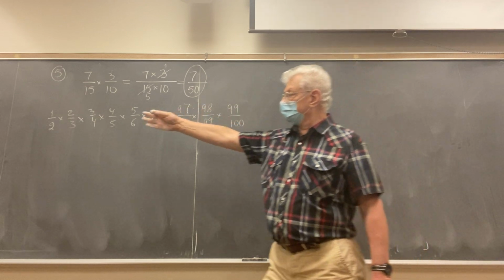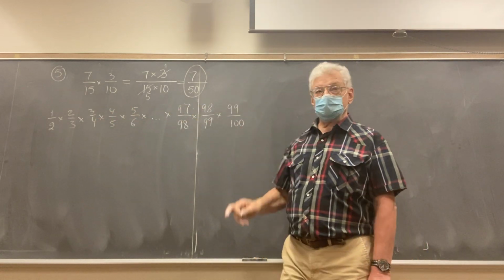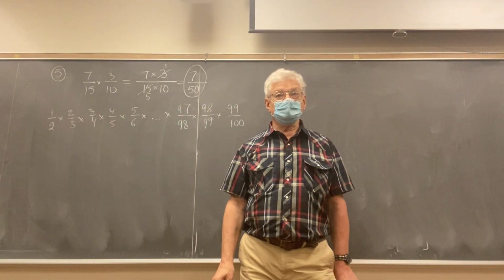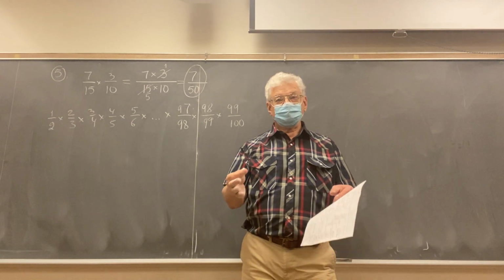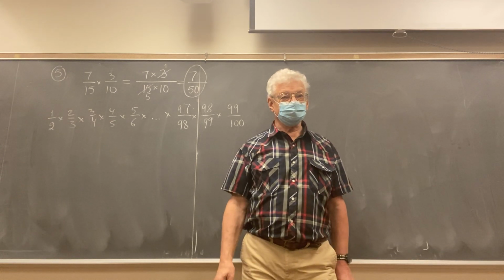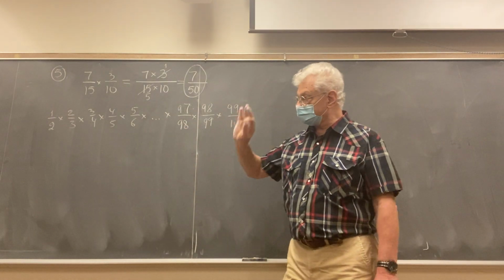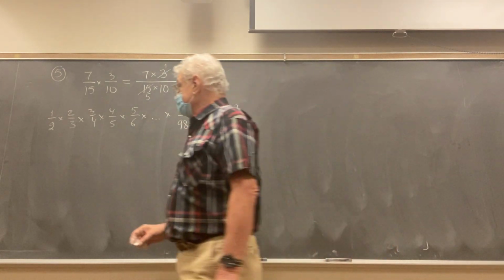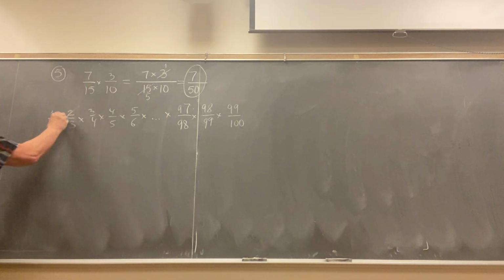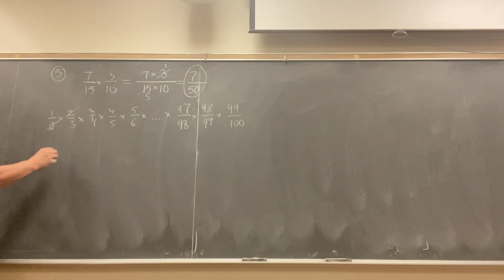If you multiply numerators, you'll get a huge number. Even your calculator will not show you. It will be a huge number. Likewise, denominator is even bigger. But when you multiply, you will see that 2 and 2 canceled out, right? Now 3 and 3 canceled out.